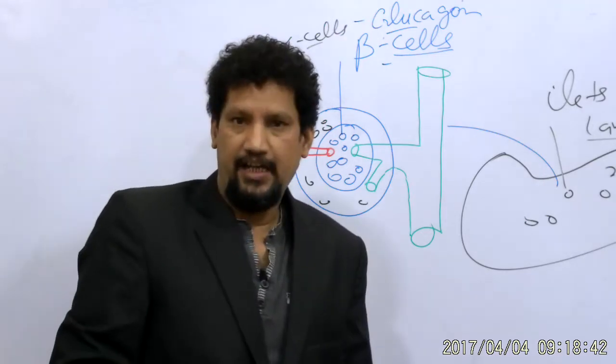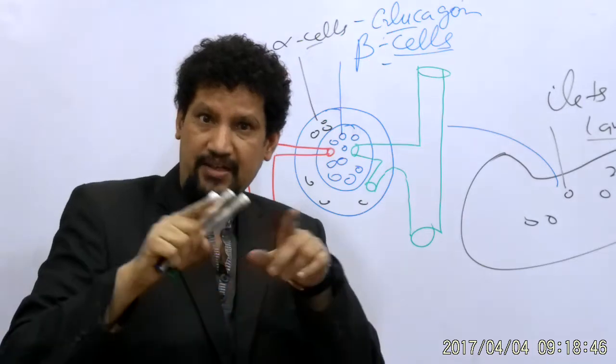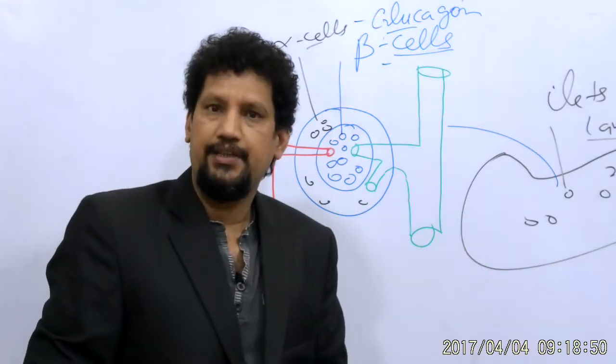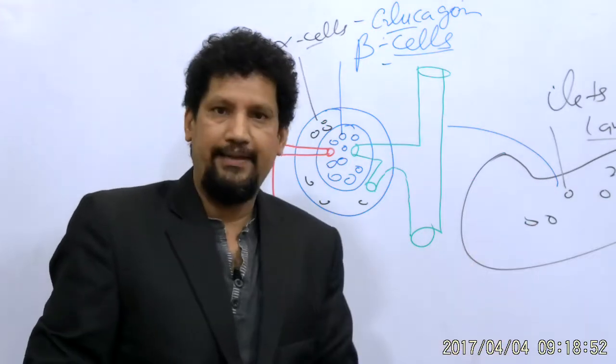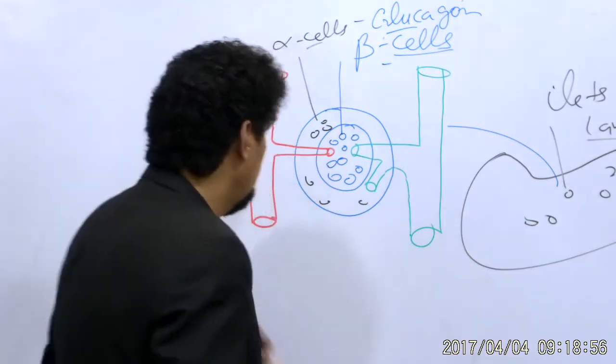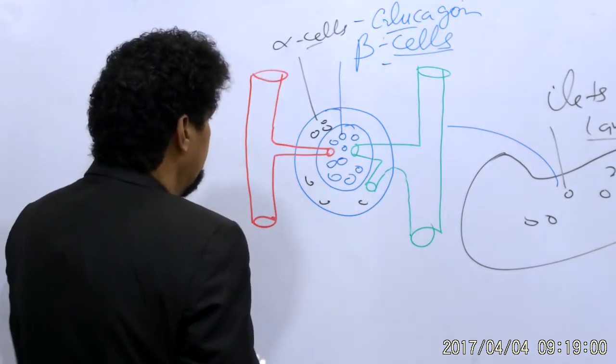Besides the alpha cells and beta cells, on the peripheral part of the islet of the Langerhans, the pancreas is also having delta cells and PP cells.